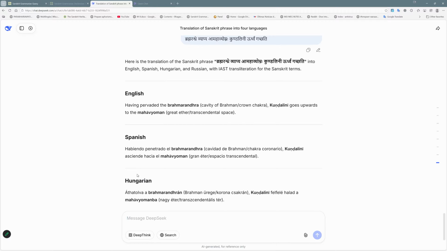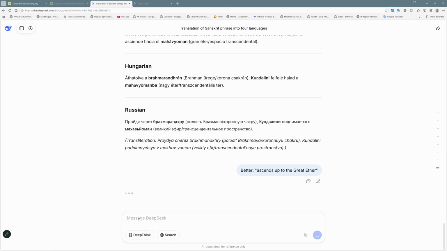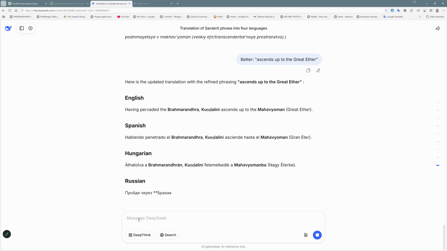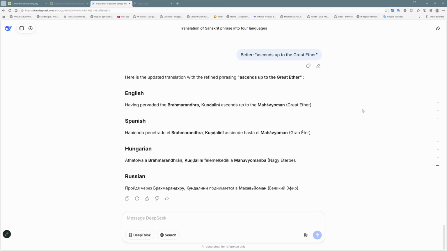Okay, more or less, I will tell him better, up to, better, instead of go upwards, ascends, up to the Mahavyoma.